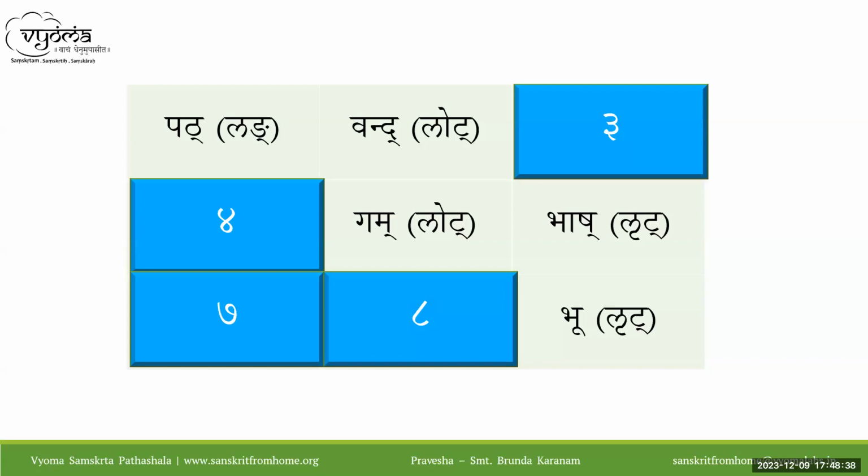Lot iti agnya prerana asti roopam. Lot: Vandatam, Vandetam, Vandantam, Vandasva, Vandetam, Vandadvam, Vandai, Vandavahe, Vandamahe. Please, all of you are getting confused between lot and rit.